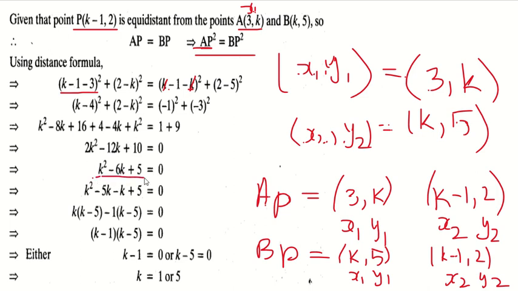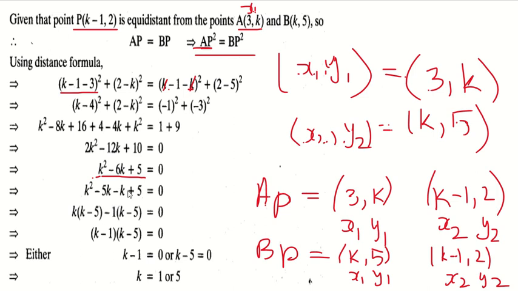Whenever it is a quadratic equation, we learnt how to simplify it by splitting the term. So, how can I do it? Minus 6k can be written as k squared minus 5k minus k plus 5. In polynomials, we have done factorization. In the quadratic equation, how to solve the quadratic equation, we solved this through the factorization method.